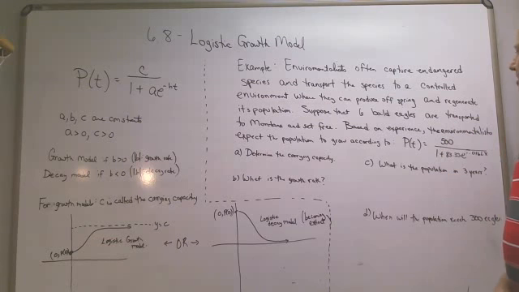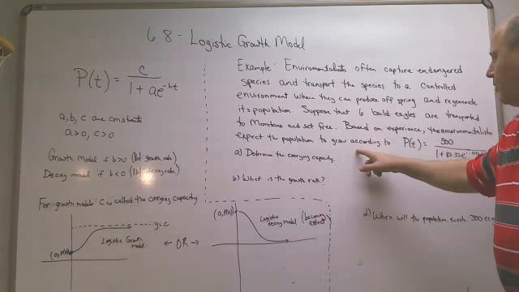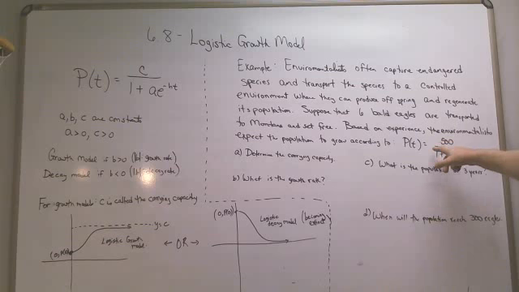Based on experience, the environmentalists expect the population to grow according to the formula 500 over 1 plus 83.33 e to the negative 0.0162 times x. So this is our formula.